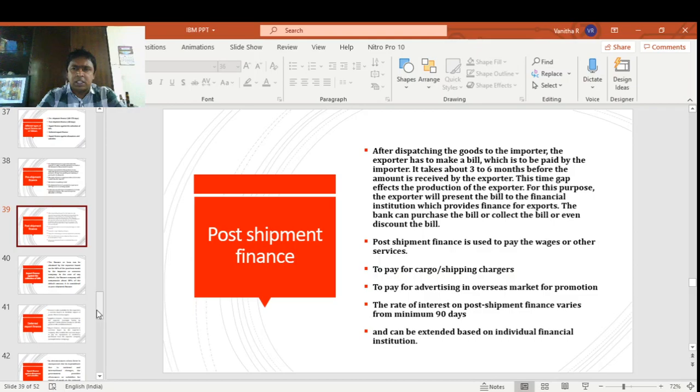this type of finance is sought by early stage or small size businesses, those who are new to this industry. They have just started, they do not know how to arrange funds. And first of all, they are smaller than the importer.